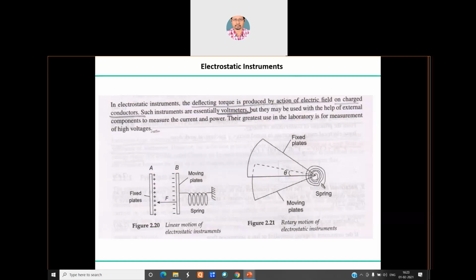Plate A is experiencing a positive polarity and B a negative polarity, so B will attract towards plate A, and the spring attached with plate B is going to experience a force.